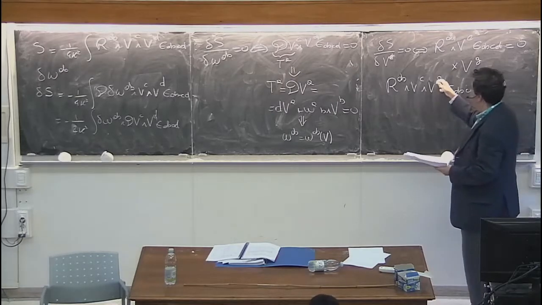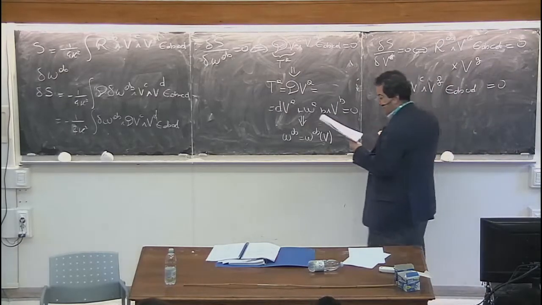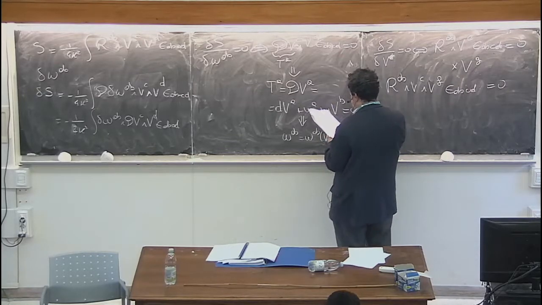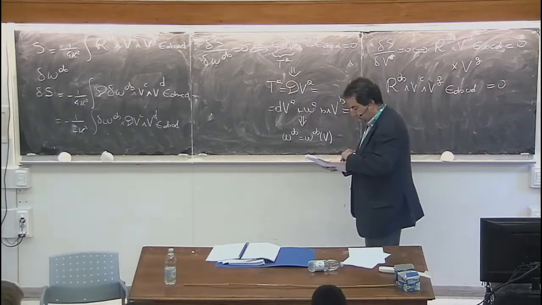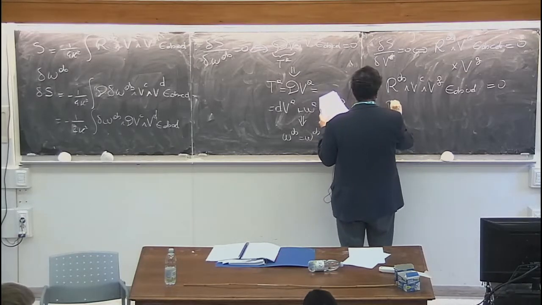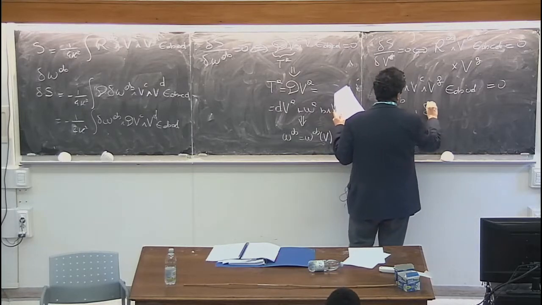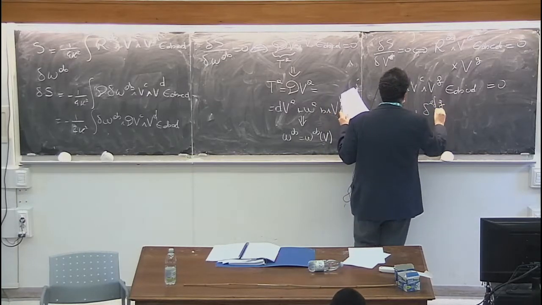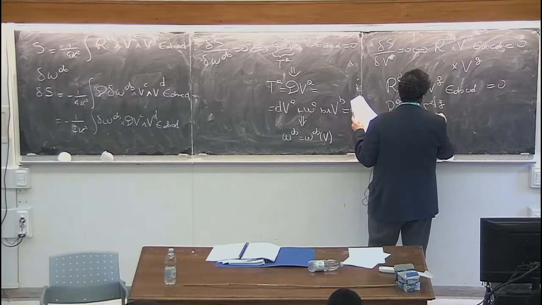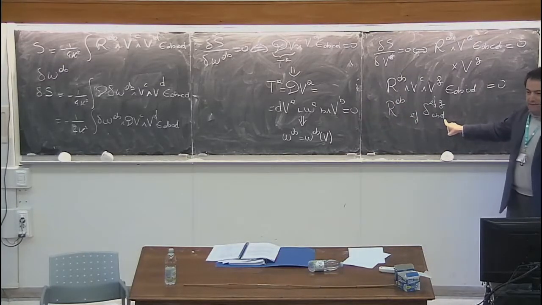Now take into account that G and D are different indices. What do we get? We get R^AB_EF delta^EFGABD, where this is the totally antisymmetric delta symbol.